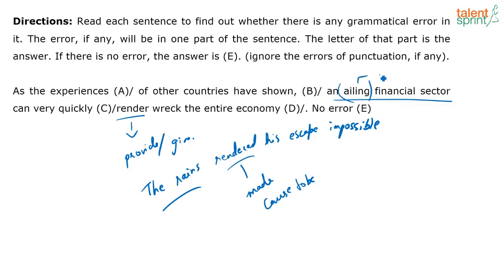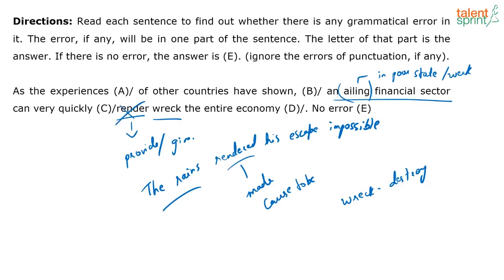Ailing means something which is in poor state, poor health, poor condition, right? Weak. In our context, we're talking about a weak financial sector, which means a weak financial sector can very quickly, what is the meaning of wreck? Wreck means destroy, correct? So the context is giving us a negative meaning. If that is the case, then I don't need this word "render", no?